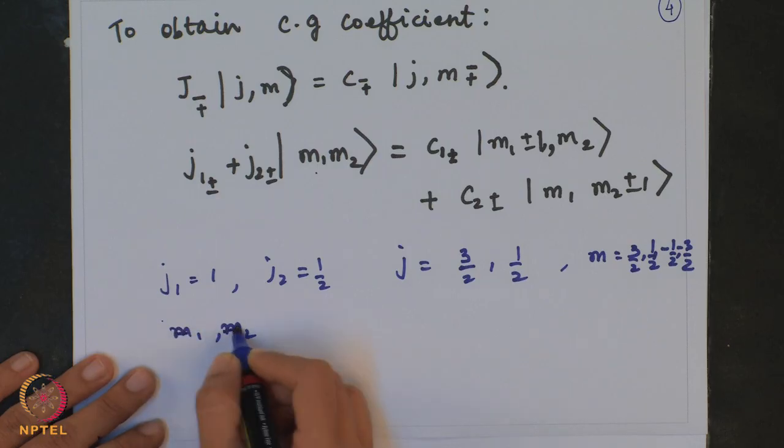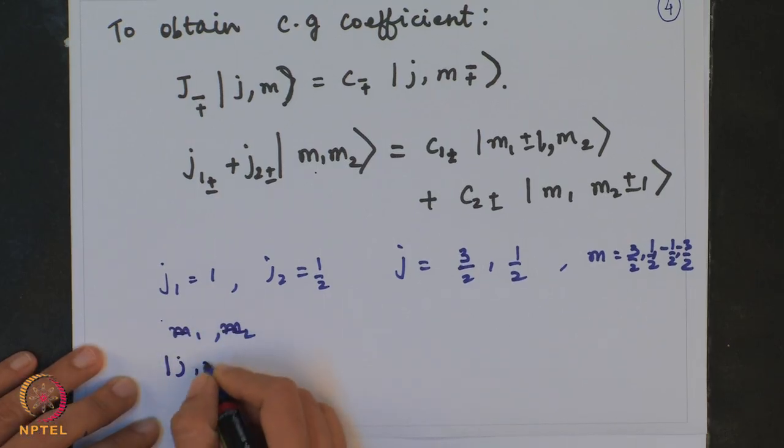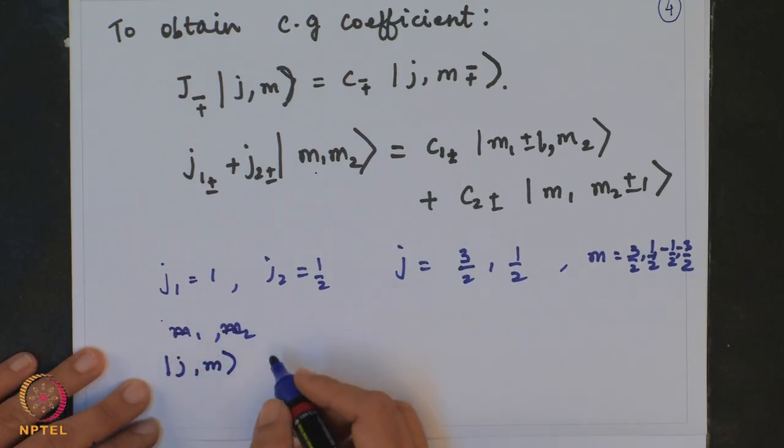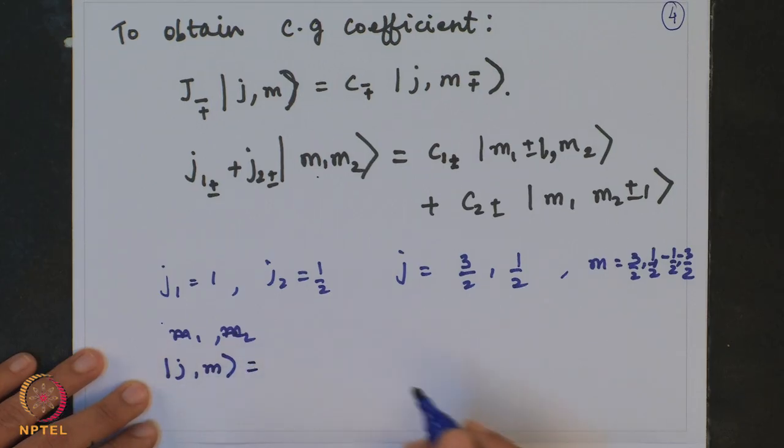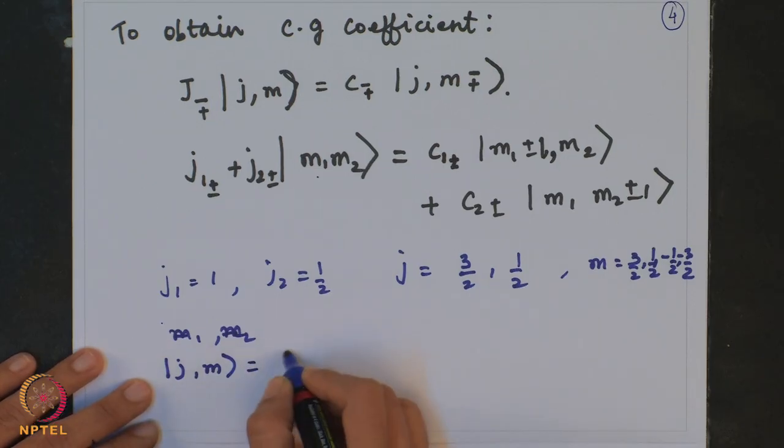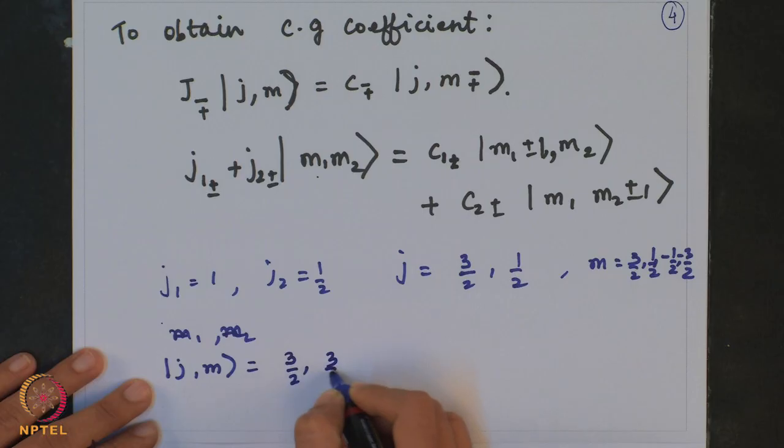So, let me write this for the uncoupled state. I can write it as 3 by 2, 3 by 2.